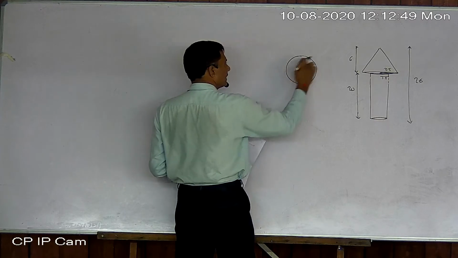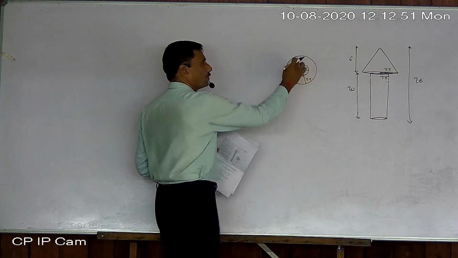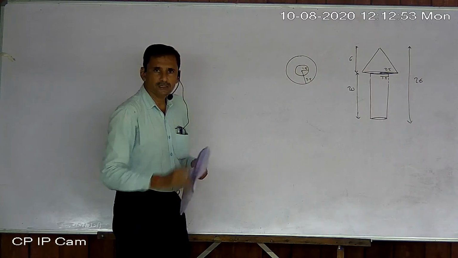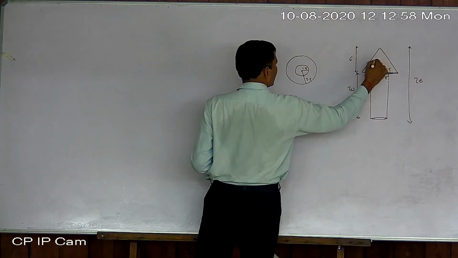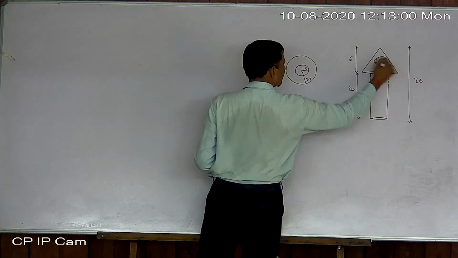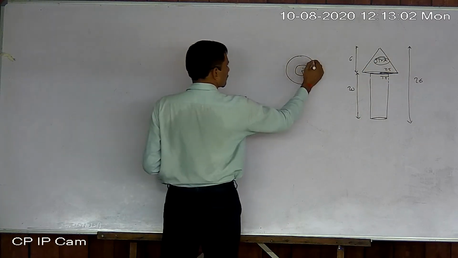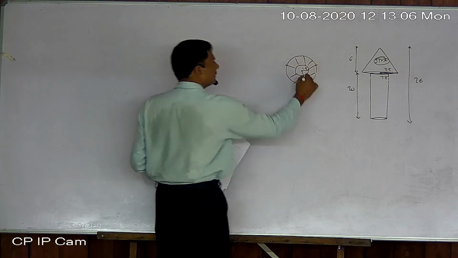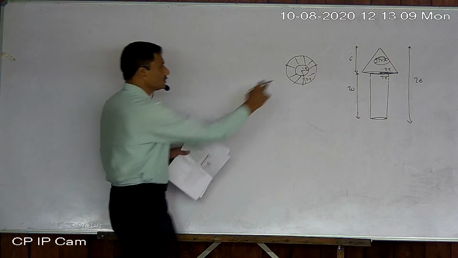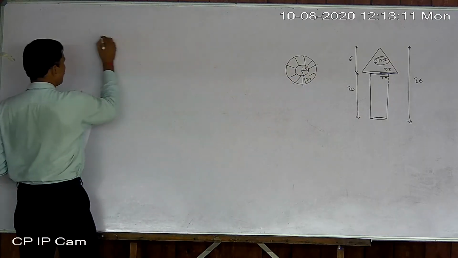Now this ring is the ring of the cone only, so it will be orange color. So in orange color you have to find pi r L, and this ring also. Why? Because that itself is a part of the cone. So for orange color you have to find this.